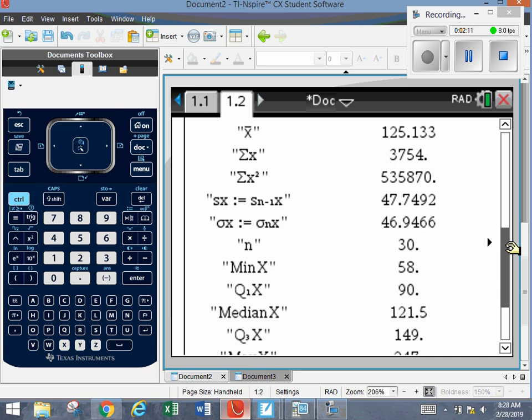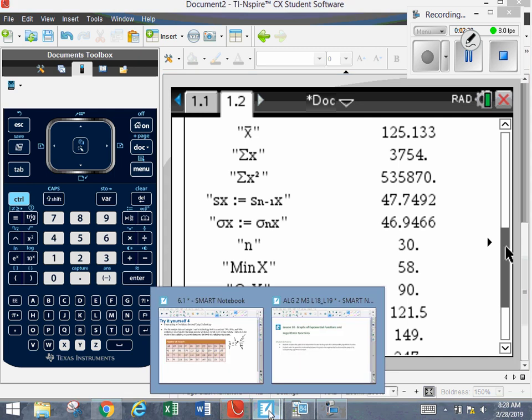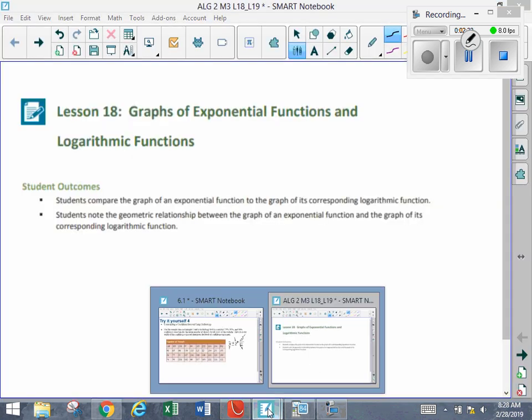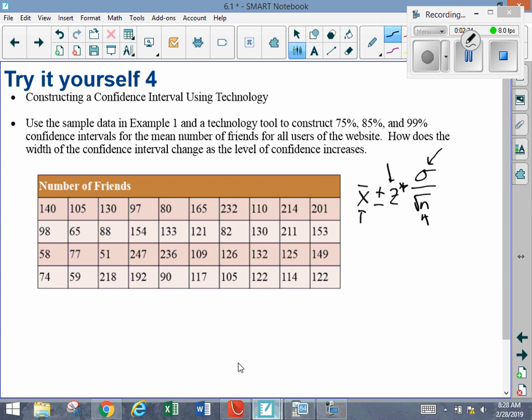So that's what we're looking for. Now we can plug that stuff into our formula. 125.133 plus or minus. Let's get our z star value from our table.